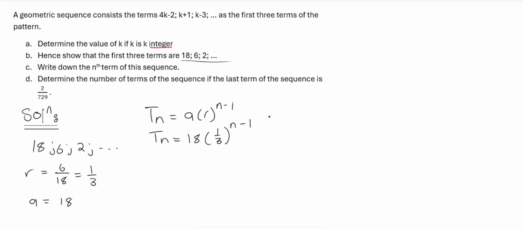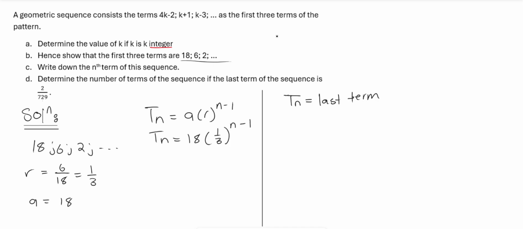Then let us go to the last question, which says that we must determine the number of terms of the sequence if the last term of the sequence is 2 over 729. Anytime they are asking you to find the number of terms of the sequence, you are always going to say that your Tn is equal to your last term, whatever the last term is, guys.